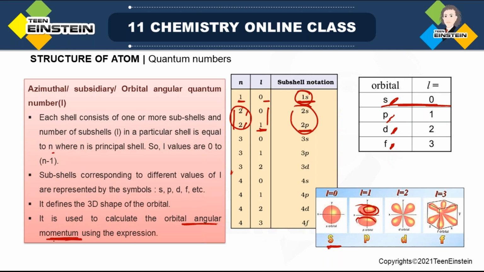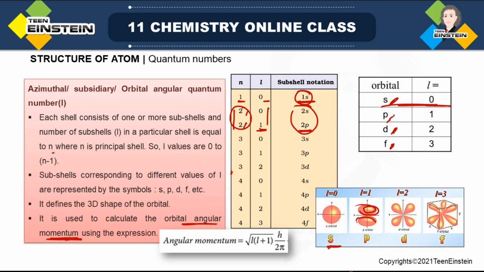Fine. Because an electron has two types of motion: orbital motion and spinning motion. So when you consider orbital motion, you have to consider this angular momentum. Remember, linear momentum we say mv, but when it is angular momentum, it is mvr. So orbital angular momentum also you can calculate by using this expression.